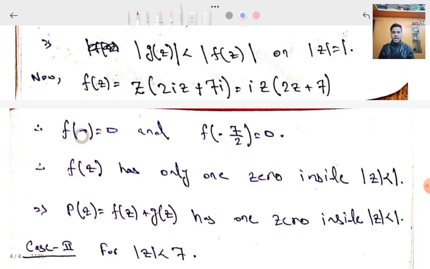But 0 lies inside |z| less than 1, and -7/2 = -3.5 is outside |z| less than 1. Therefore, f(z) has only one zero inside |z| less than 1, and that implies p(z) = f(z) + g(z), by Rouche's theorem, has one zero inside |z| less than 1.